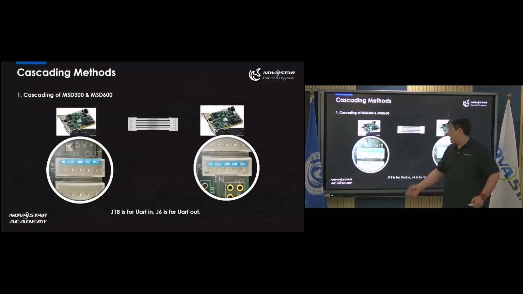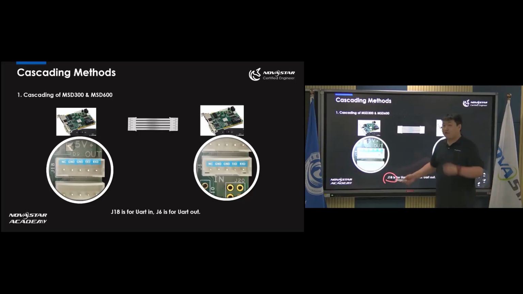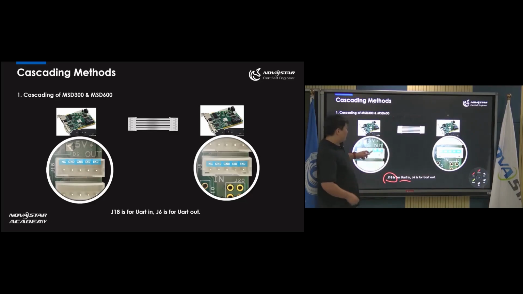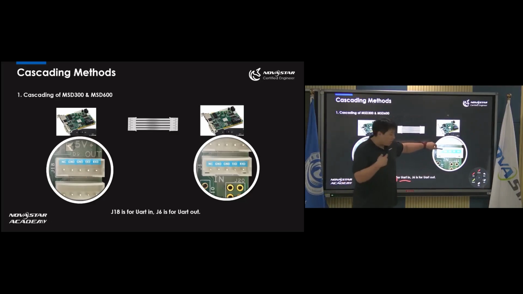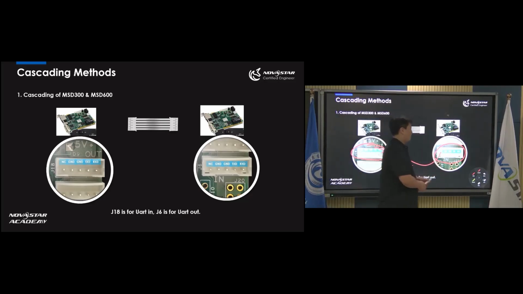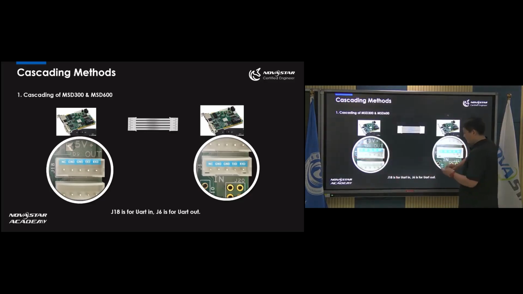We have to use this kind of short cable, and G18 is for UART in, the G6 is for UART out. We have to connect the first device's UART out to the next device's UART in. We have to do it that way to make sure cascading is working.